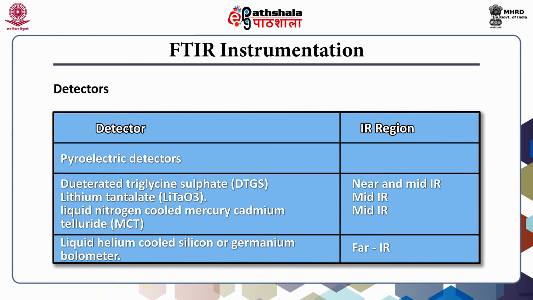DTGS can also be used in near IR. For the far IR region, a sensitive detector is required since both source and beam splitter are inefficient. The detector used in this region is a liquid helium cooled silicon or germanium bolometer.